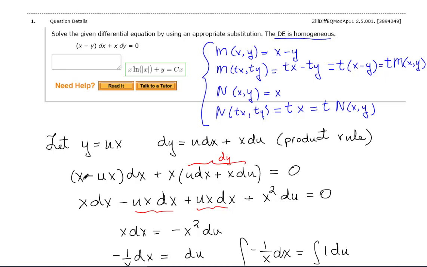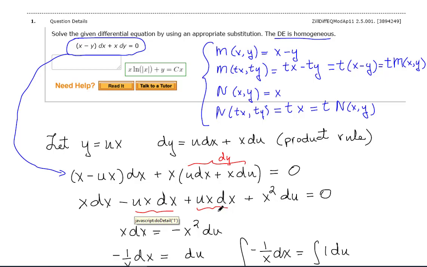All right, so x minus y. I'm coming back to the original. So here's the original here. I'm now plugging in things for y, this substitution. All right. So when I do that, notice this minus ux dx cancels this ux dx.